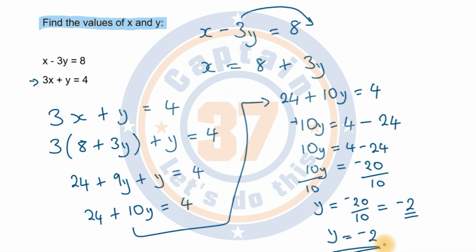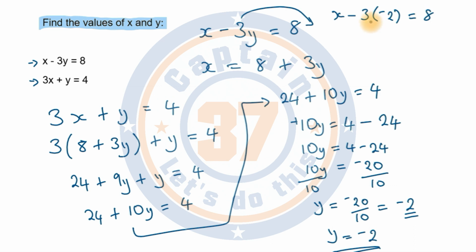What then would be x? We're going to use this same one here. So x, we don't know what it is. That's what we want to find. But we know what y is. y is negative 2. So x minus 3, open bracket, negative 2, is equal to 8.